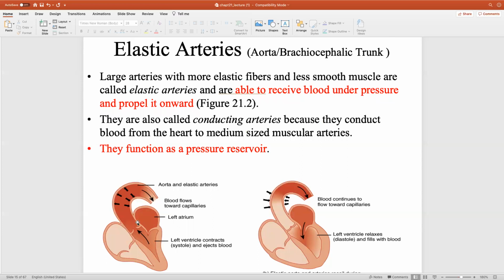Then as the left ventricle starts to relax and the pressure starts to drop, the recoil of the aorta pushes some of the blood forward and acts as a pressure reservoir, right? So if it's after this loop right here, then you're going to force that blood out into the rest of your systemic circulation. If it's before that loop, blood's going to push downwards to close that aortic valve. So elastic arteries act as a pressure reservoir.